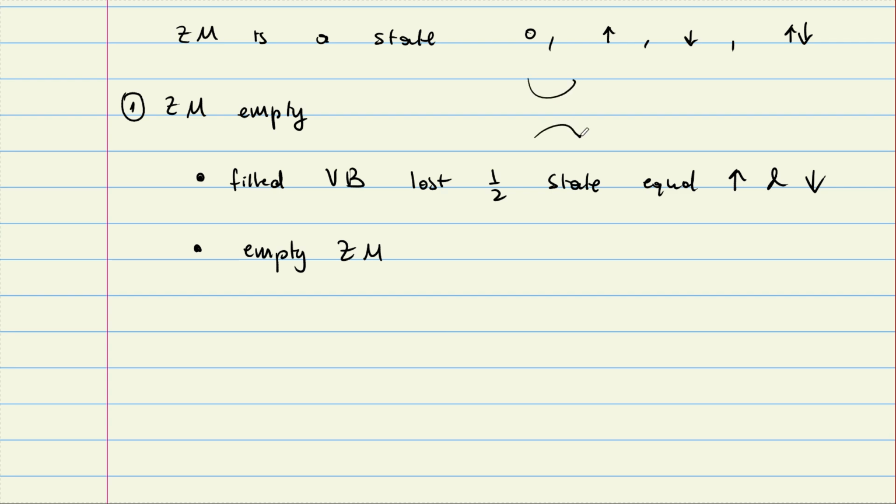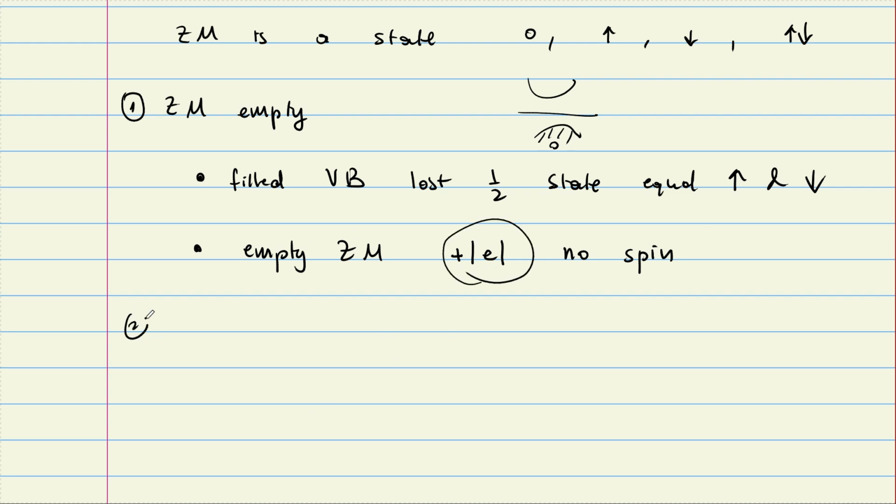We are saying that there's a conduction band and a valence band. The valence band is fully occupied, the conduction band is fully empty. If something is missing here, it is a hole, and a missing electron is going to have a positive charge. So an empty zero mode will correspond to a positive charge. But because this came with both up and down spins, no spin. So an unoccupied zero mode has plus charge but no spin.